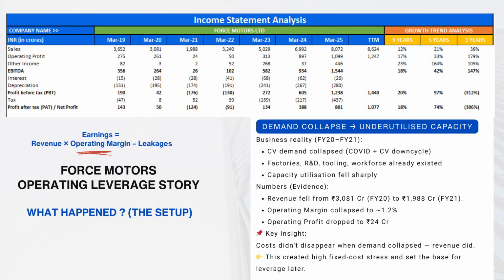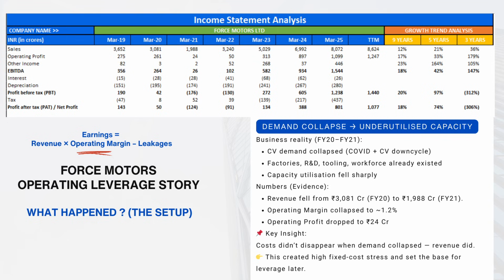So let's first understand what exactly went wrong. During FY 2021, COVID hit the commercial vehicle cycle, right? Very badly. Demand collapsed, movement stopped, and commercial vehicle volume dropped sharply. Now Force Motor already had factories, R&D, tooling, machines, everything in place. But since demand went down because of COVID, those factories were running far below capacity.